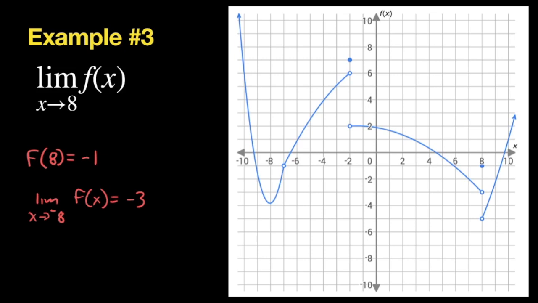Now, if we look at the limit as it's approaching from the right side, so if we look at this line approaching from the right side, this is actually approaching -5. So we will say that the limit as x approaches 8 from the right side is actually going to be -5, because these two are not the same number. We say that the limit, in this case, does not exist.